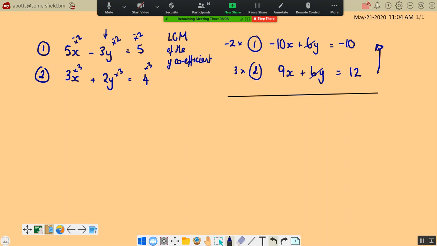So we went from equation 2 to equation 1. What do we do to get from 9x to negative 10x? No. Subtract 19.